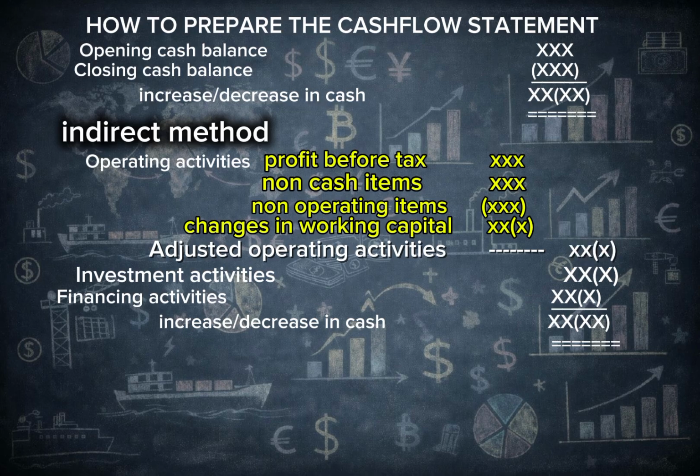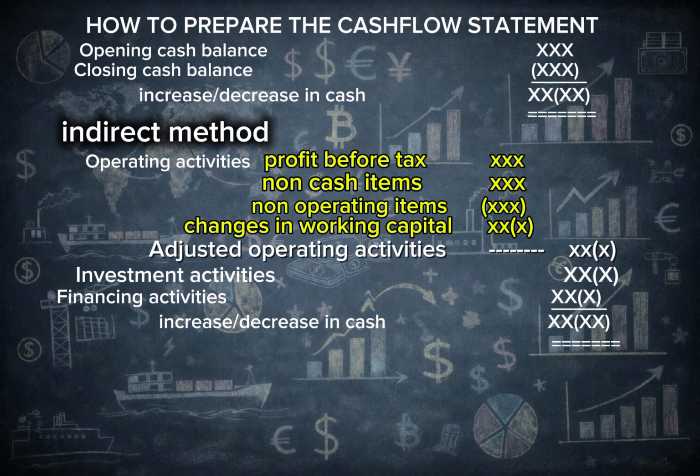So in a nutshell, when preparing the cash flow statement using the indirect method, we get our operating activities by adjusting our net profits against non-cash expenses, non-operating expenses, and changes in working capital.